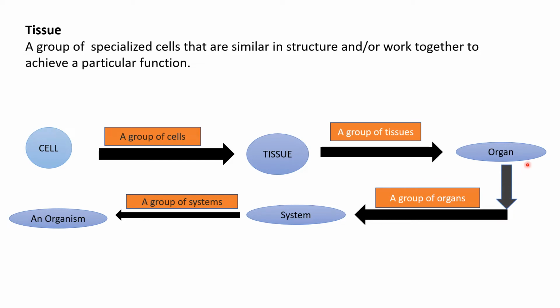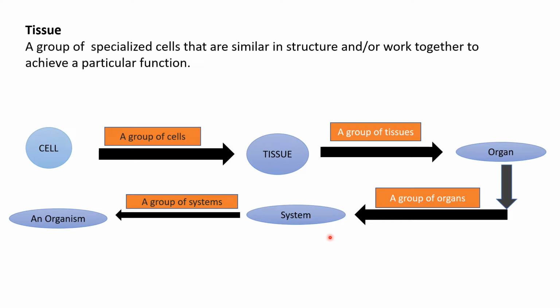When the organs work together and make a group, they form one system, and when some systems are working together, that is a system. For example, when we are taking food, it will digest inside our body. This is the digestive system.